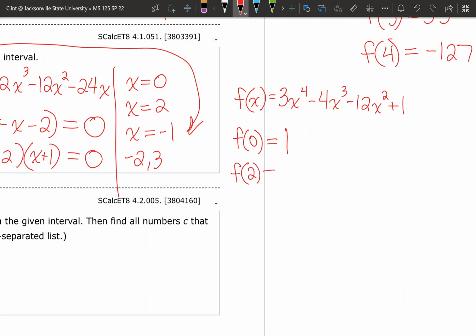Let's see, f of 2. Okay, so 3 times 16, that's 2 to the 4th, minus 4 times 8, minus 12 times 2 plus 1. Get -7 on that one.